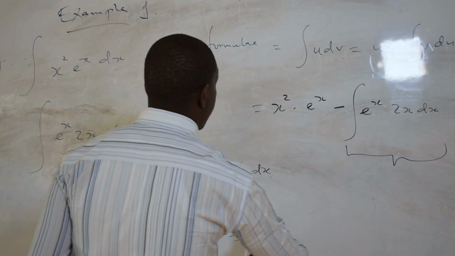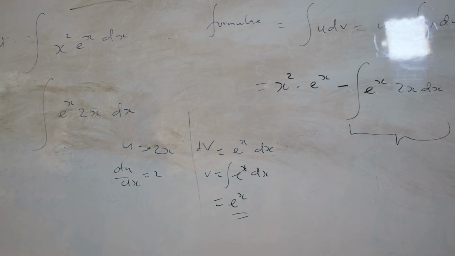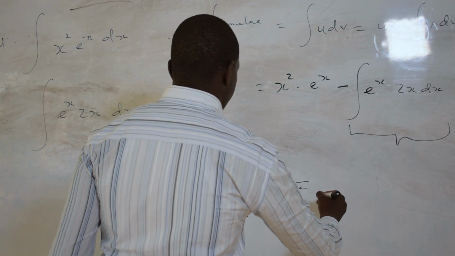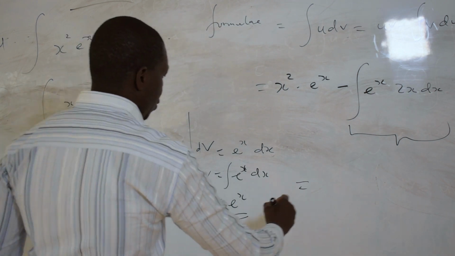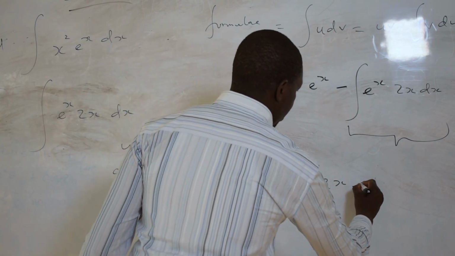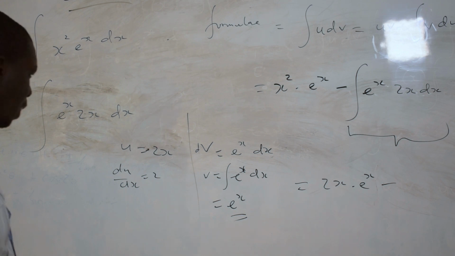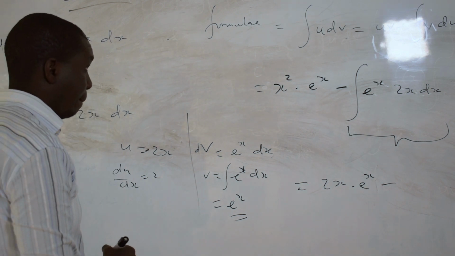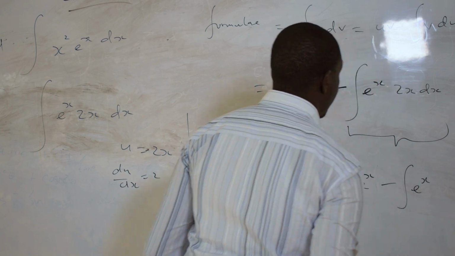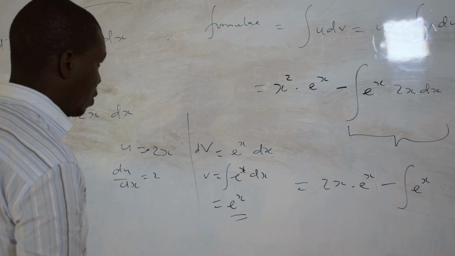If we substitute again in the formula of integration by parts, uv minus the integral of v du, we have: our u is 2x, our v is e to the x, minus the integral of v du, that is the integral of e to the x times du. Our du is 2 dx.